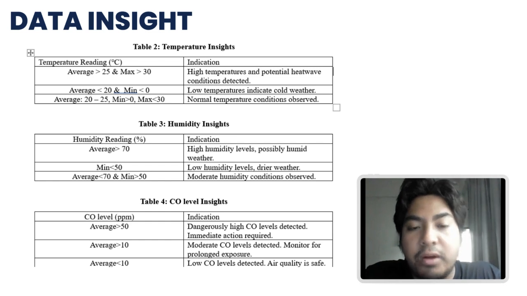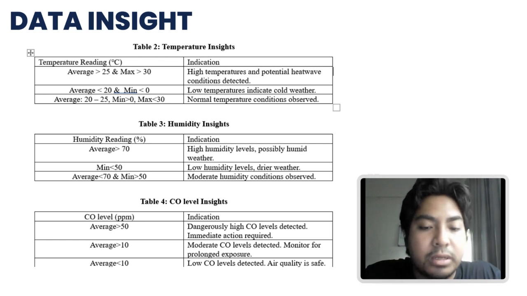All of these data insight rules are specifically made by ourselves, where we tally them with internet specifications about temperature, humidity, and CO level, which we can hard code.